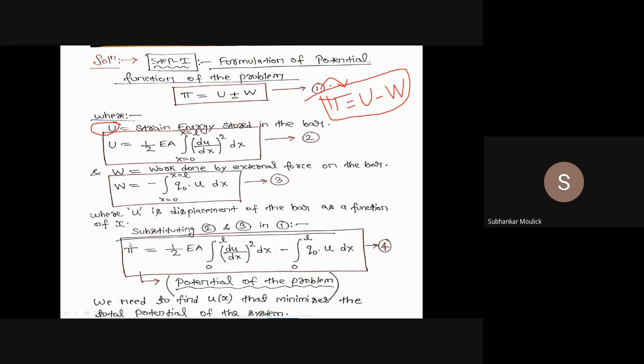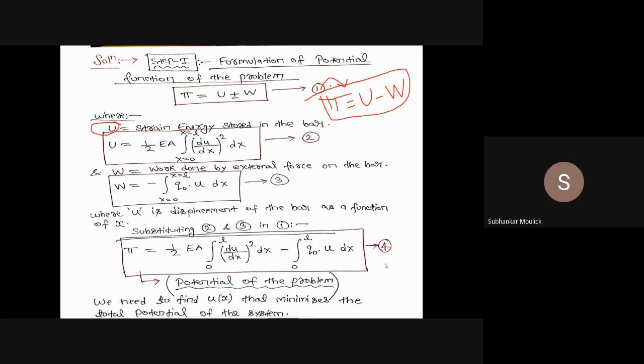Then the resulting potential function in integral form becomes pi is equal to half times EA integral x equal to 0 to x equal to L of du over dx whole square dx minus integral 0 to L of q naught into u dx. Equation number 4. And this is the potential of the problem. Clear? Equation number 4.